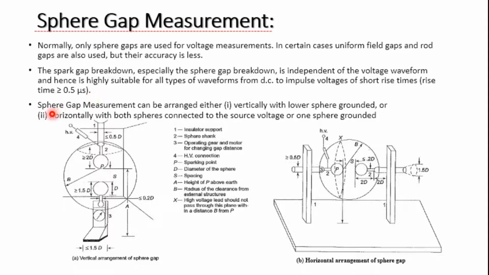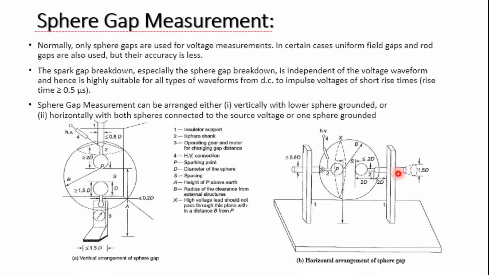Generally, sphere gap measurement can be arranged either vertically with the lower sphere grounded, which you can see here. This is connected to the source and this is connected to the ground point. Or horizontally, with both spheres connected to the source voltage, or one sphere connected to ground.